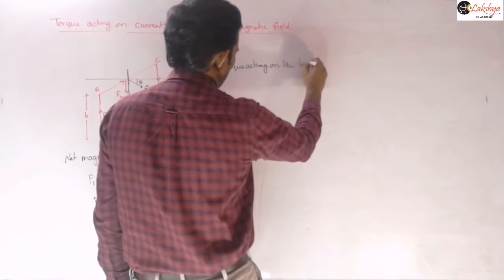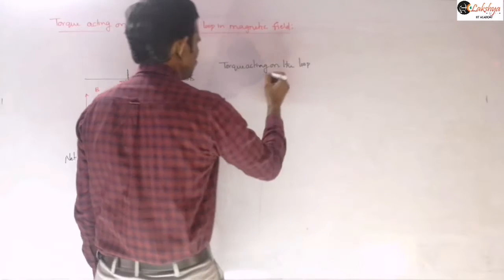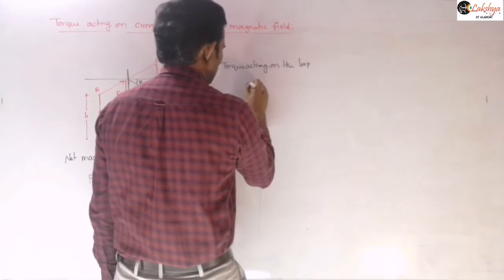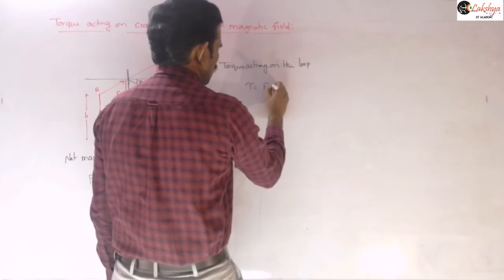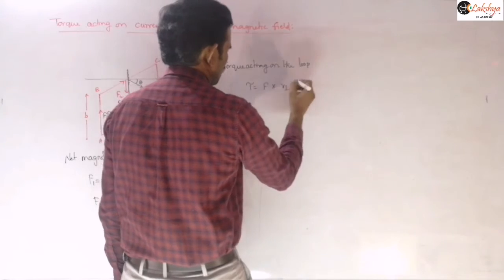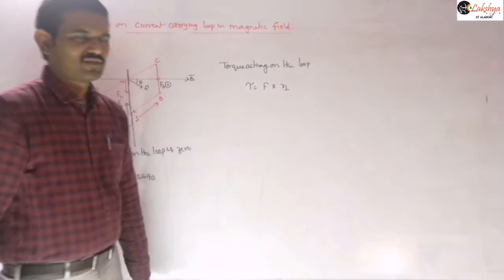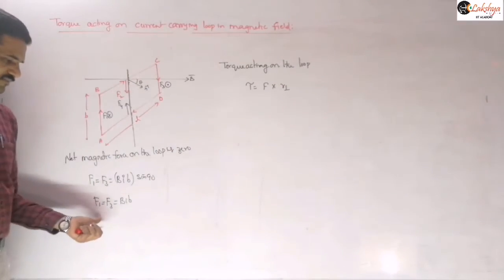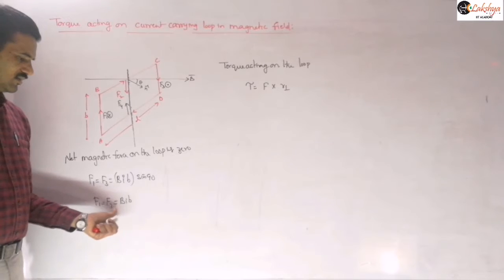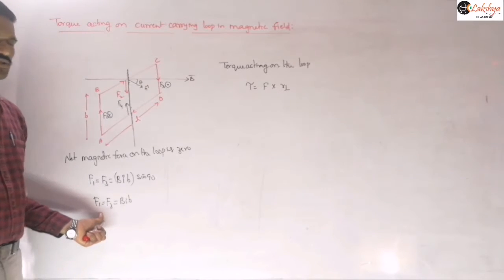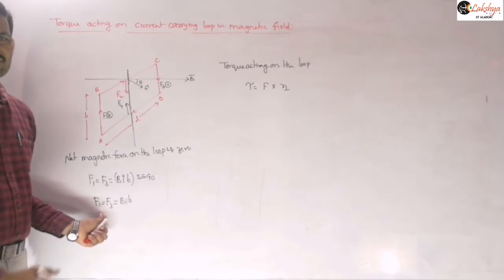So the torque acting on the loop, we can write tau is equal to force into perpendicular distance. One of the forces is F1, and directly we can write the perpendicular distance between the two forces.